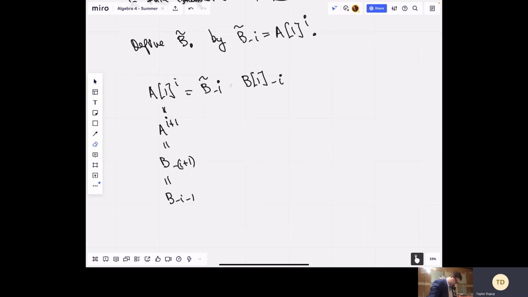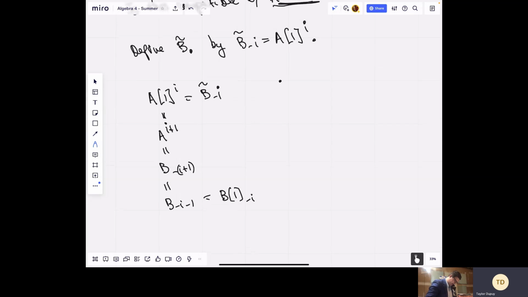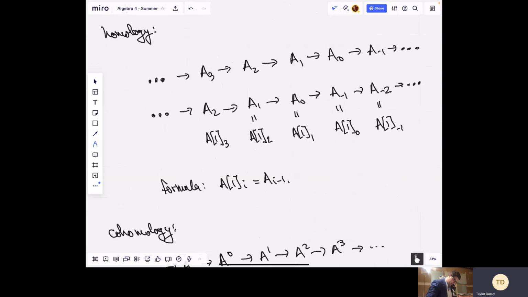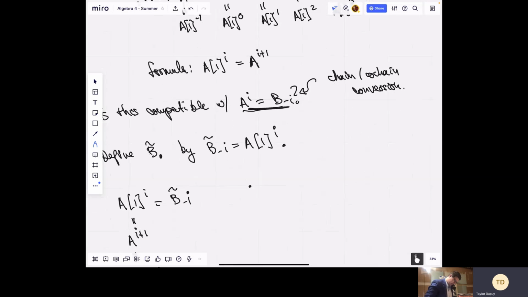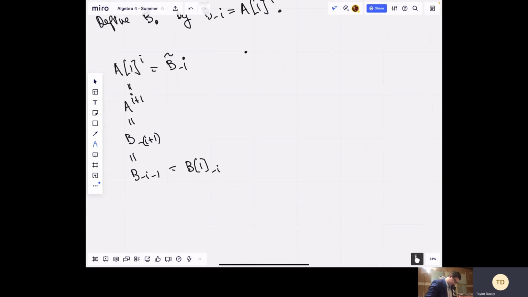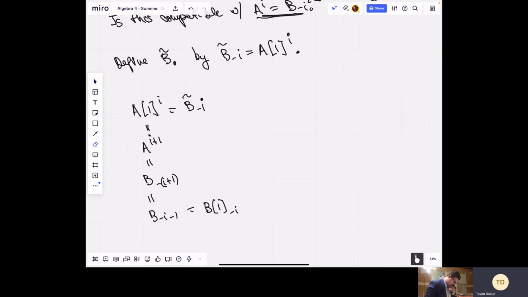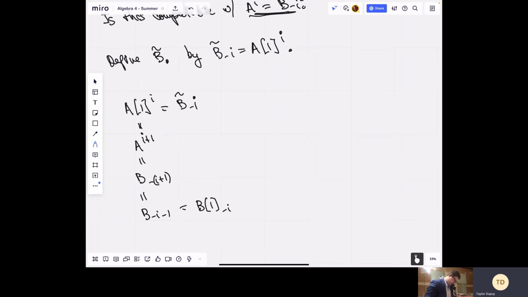So we know that this is B_1 and then minus i, because we subtract. So this is B_{-i-1}. Okay, so in the B tilde, that's B tilde_{-1}.